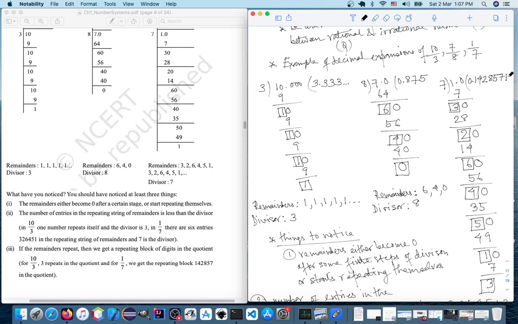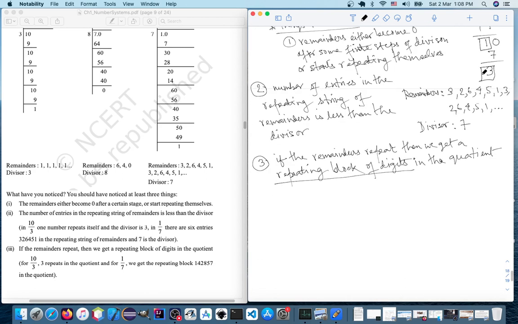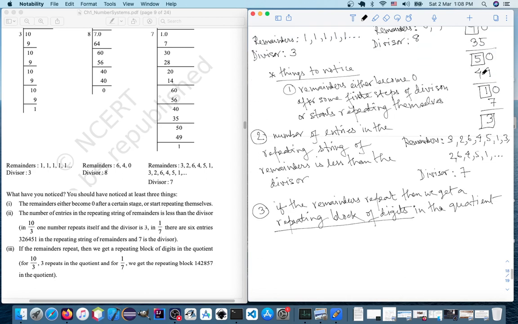So the repeating block of digits in the quotient is 142857. So when the remainders repeat, then in the quotient we get a repeating block of digits.